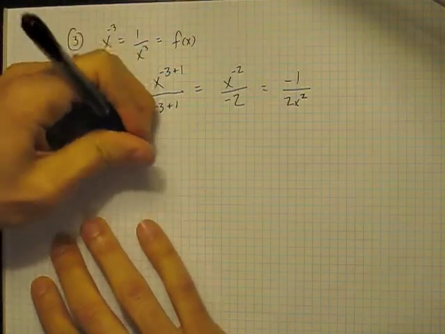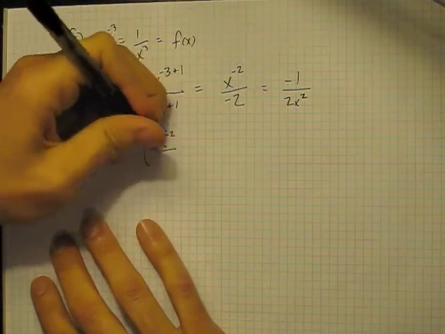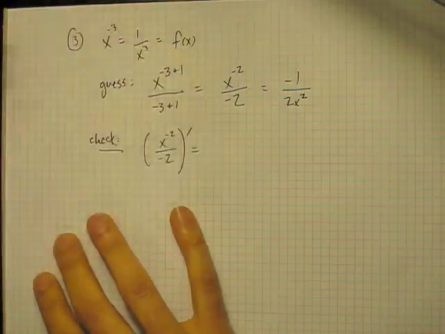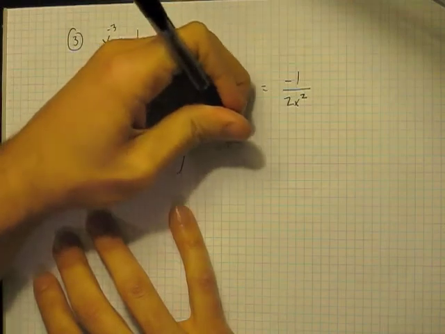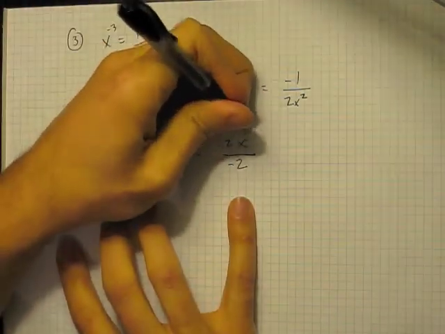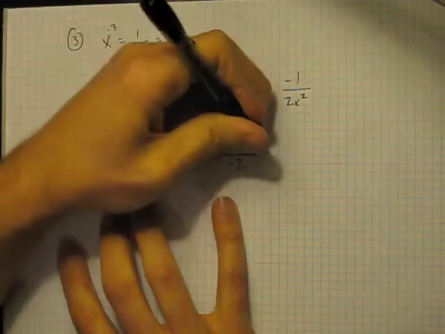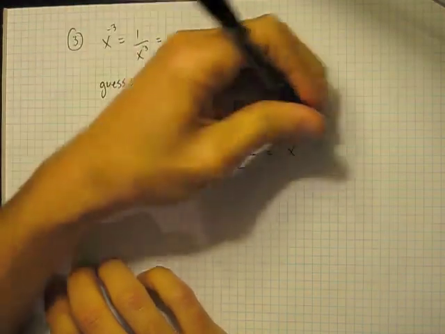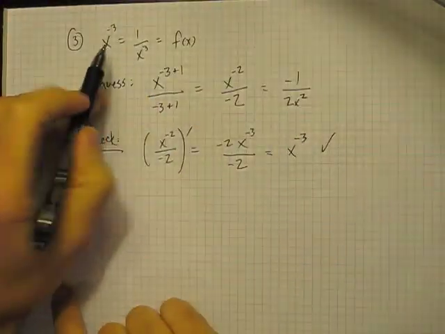So we get the derivative of x to the minus 2 over minus 2. Take its derivative. We bring the minus 2 down. Okay. Subtract 1 from the power, so minus 2 minus 1 is minus 3. And then those minus 2's will cancel each other. So we get x to the minus 3. So perfect. That's exactly what we have up here.